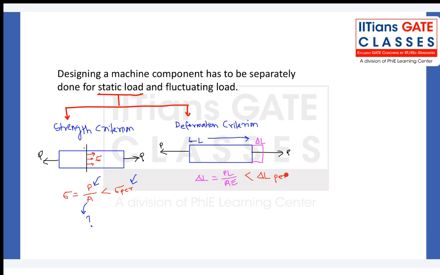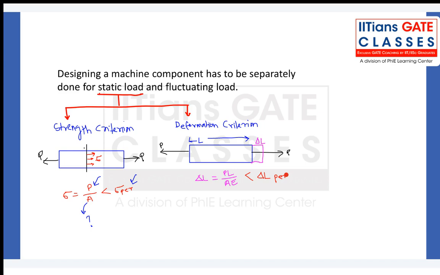Because of these deformations, there is a very good possibility that a component interferes in the motion of some other component. As you can see, there is a change in length. If the change in length is beyond a particular limit, it is very possible that this bar can come in the path of some other motion.